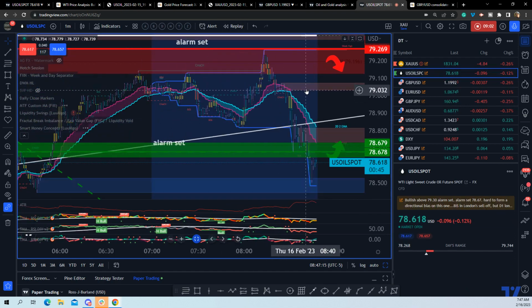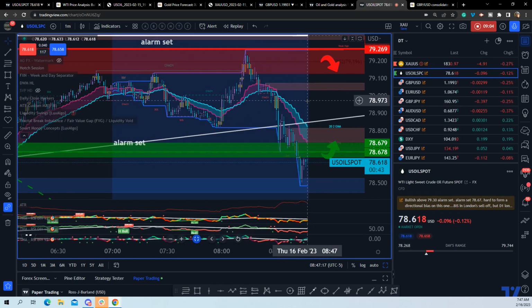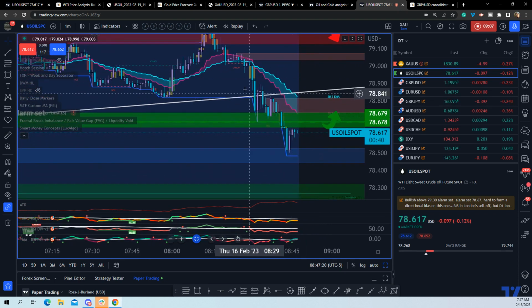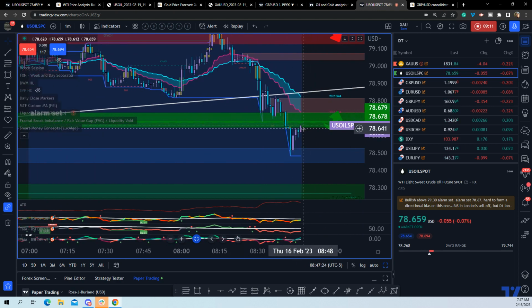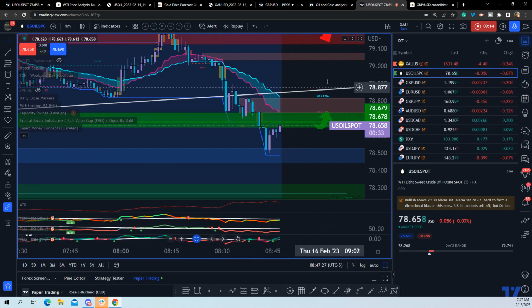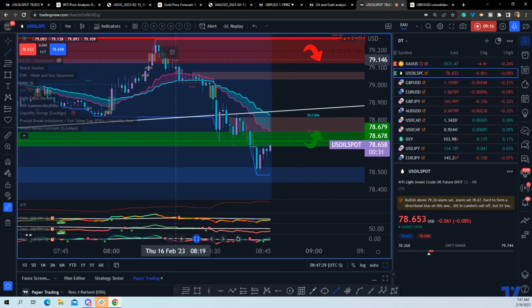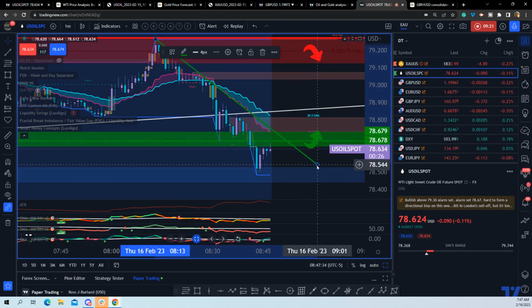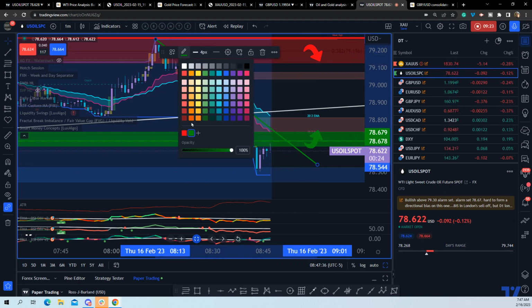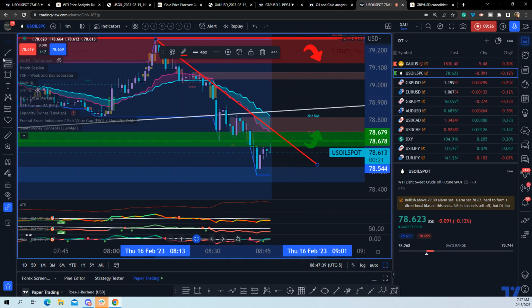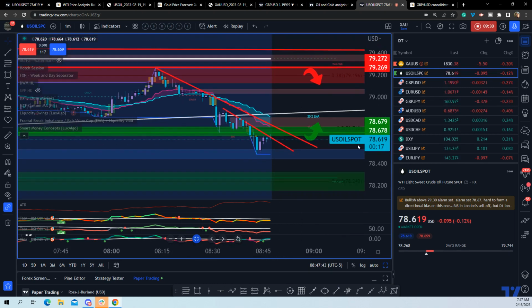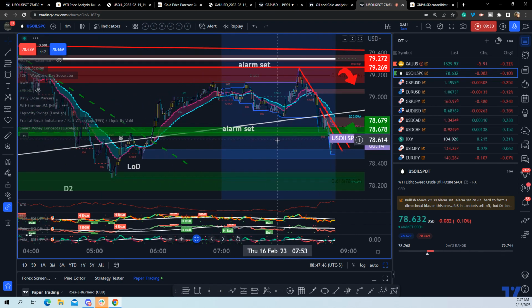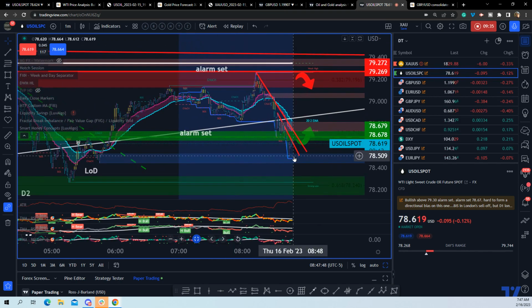Oil, right? So this could be interesting. 1, 2, some decent pushes into the lows. Break of structure here. We're looking for it to go higher. So we're looking to get long.